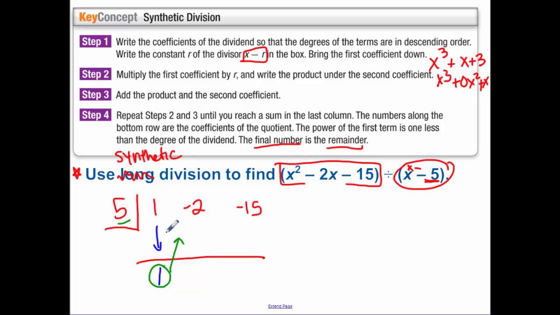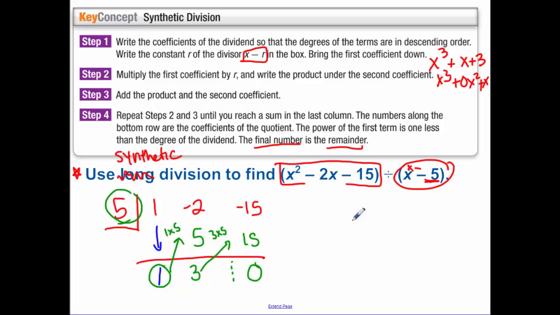So 1 times 5 goes here. 1 times 5, though, that's 5. Then you add them. And I always joke that I want a guy named Adam in my class. You add these two numbers together to get 3. Then you take, and 3 times 5, this number here goes here. That's 15. Then you add them.